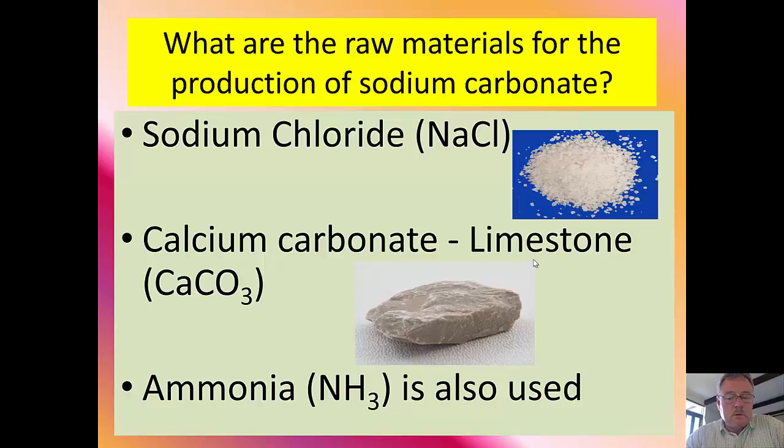It was in the form of ancient limestone, formed from tropical reefs, corals and calcium carbonate organisms. Also ammonia is used, and that can come from the Haber process, another vital process.